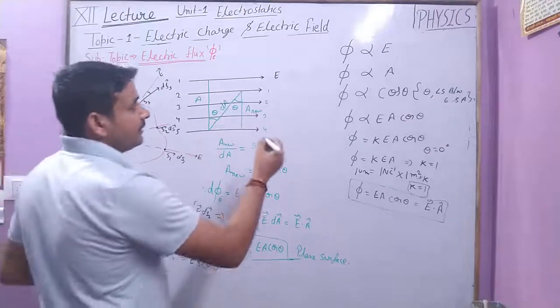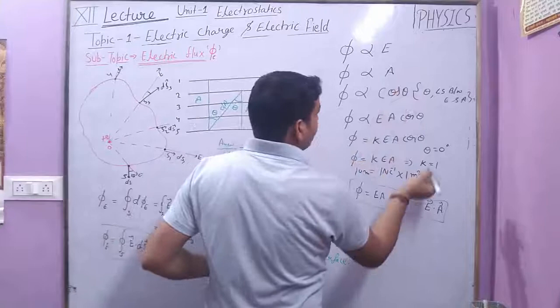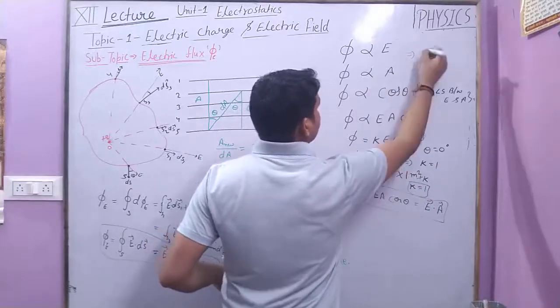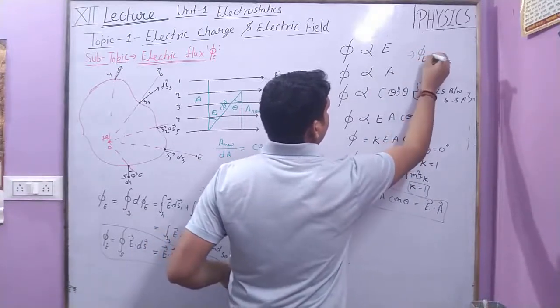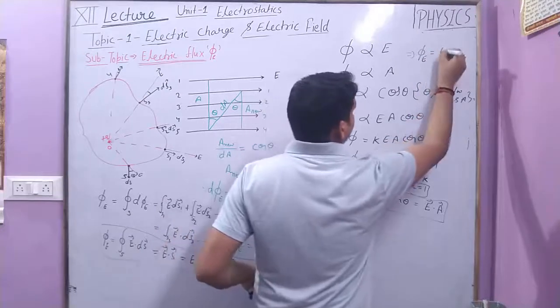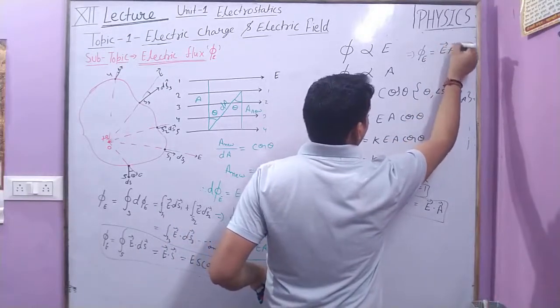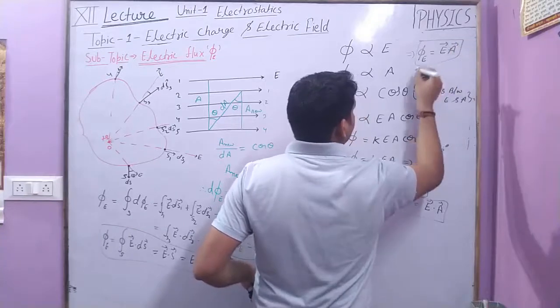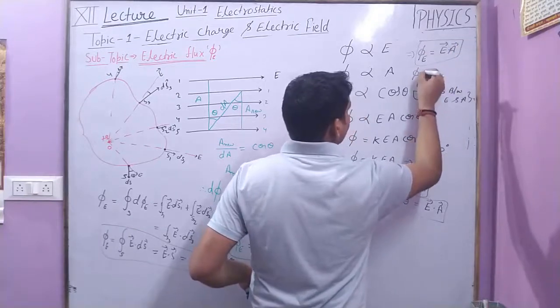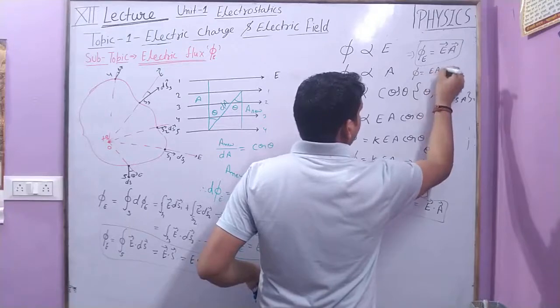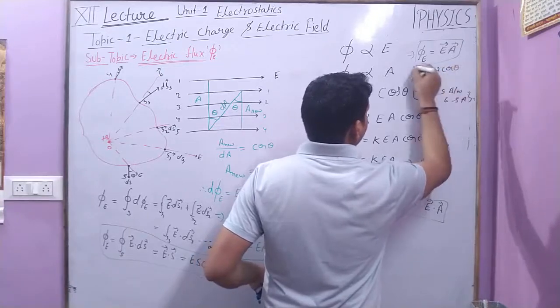From here we get the result, by using these two, phi E equal to vector E dot vector A, and this gives the final result EA cos theta.